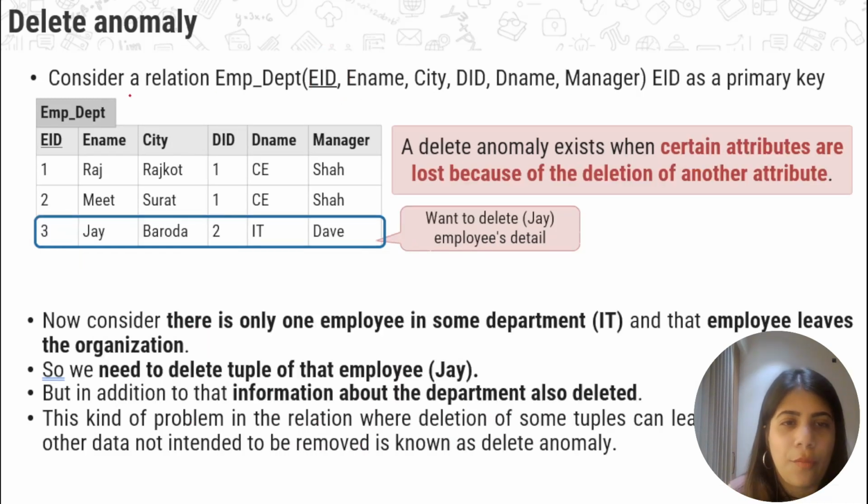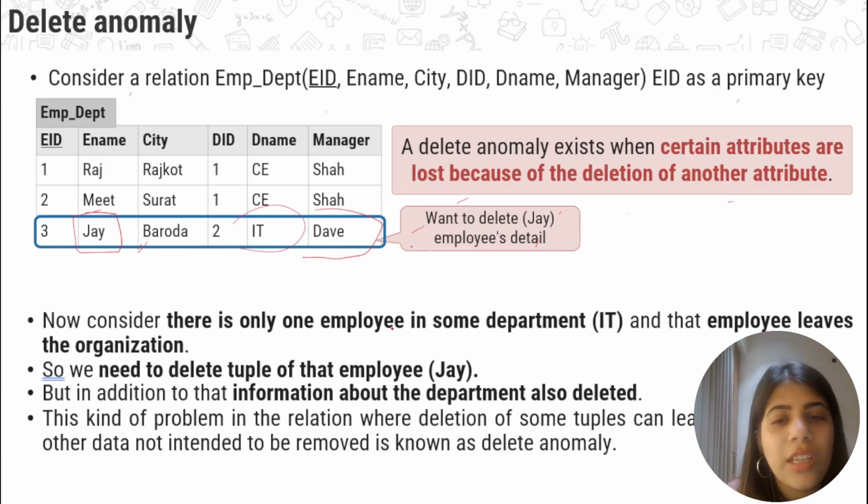Let's see the delete anomaly. Again, it's the same relation and employee ID is the primary key. A delete anomaly exists when certain attributes are lost because of the deletion of another attribute. Let's say I want to delete the data of employee J. In this case, the data of manager and the department, everything gets deleted.